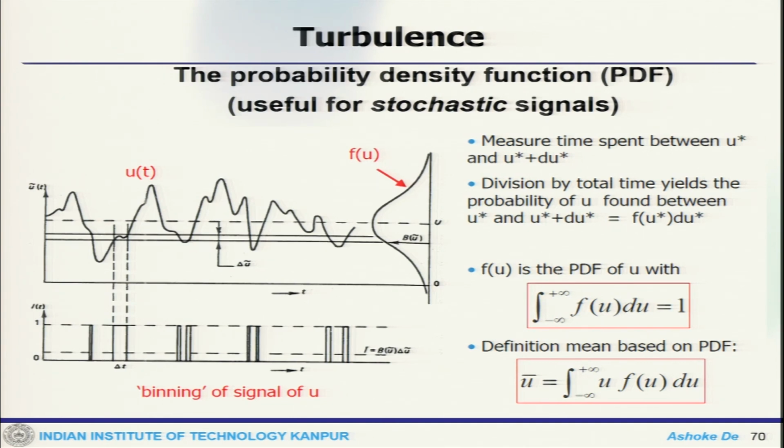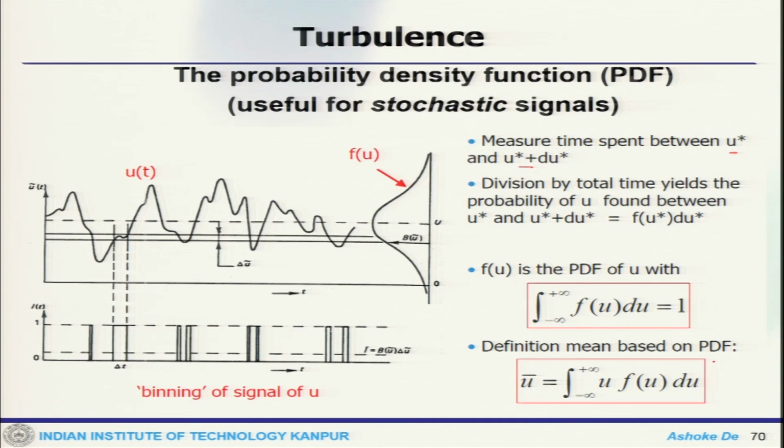Now, if we look at the PDF of that, we have a measured time between two velocities, one particular instant and the delta change of that. Using that, the PDF definition of u would become the integration of this function f(u) du, which would be 1.